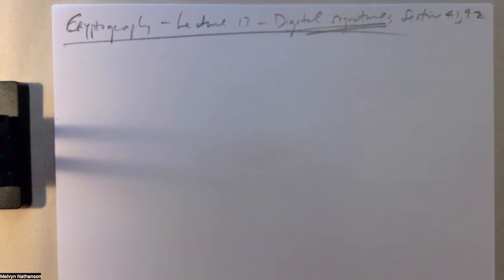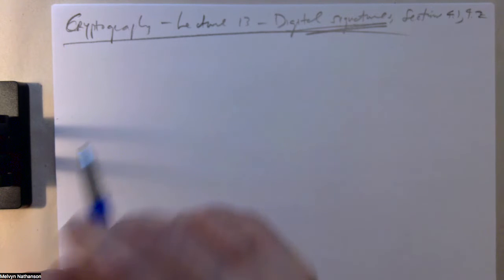One is based on the RSA crypto system. The other is based on the El Gamal crypto system. But we're only going to talk about the RSA crypto system method, just so you have an example of a digital signature algorithm.